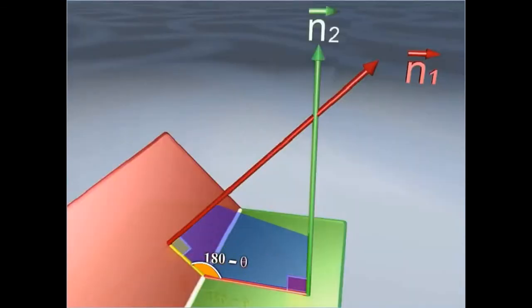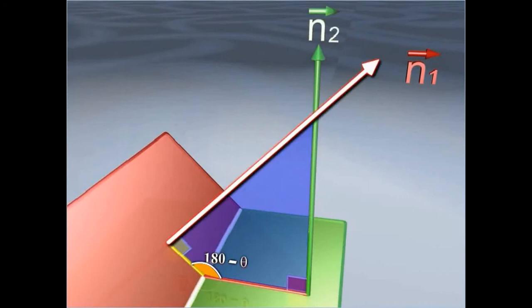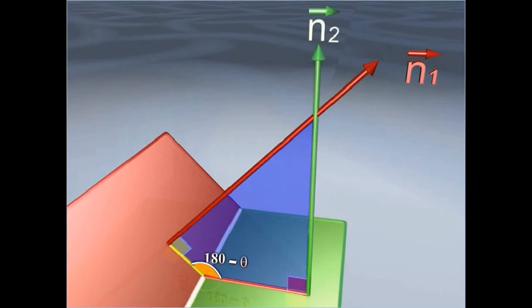Now look at the quadrilateral formed by the normals N1, N2 and the intersecting lines along the two planes. Applying the angle sum property of a quadrilateral, you get the angle between the two normals as theta.